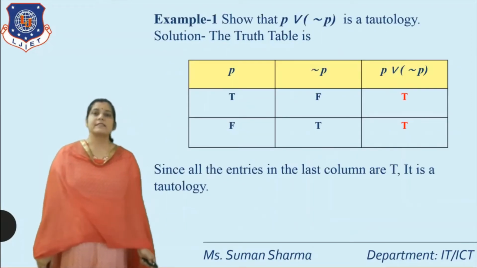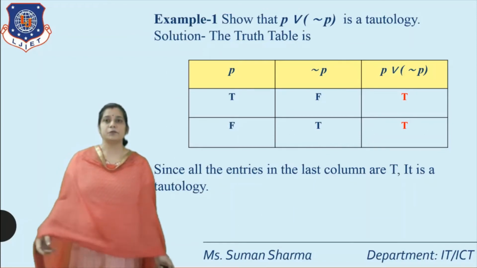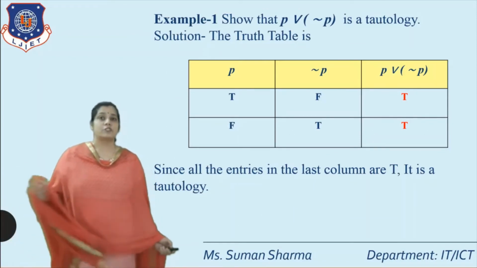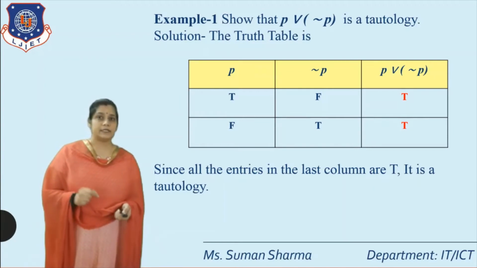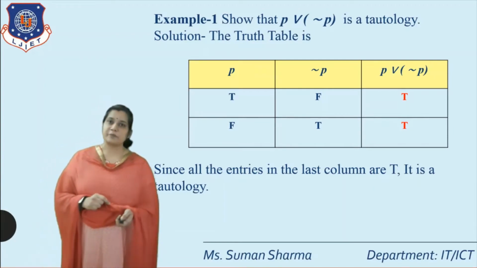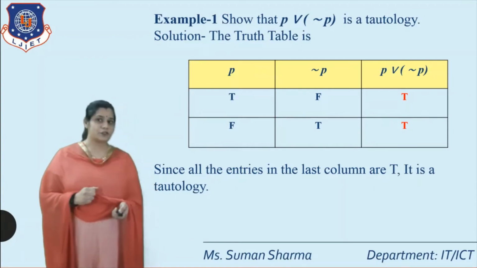Next is an example where we prove that this is a tautology. We are given P disjunction negation P. What is the truth table?